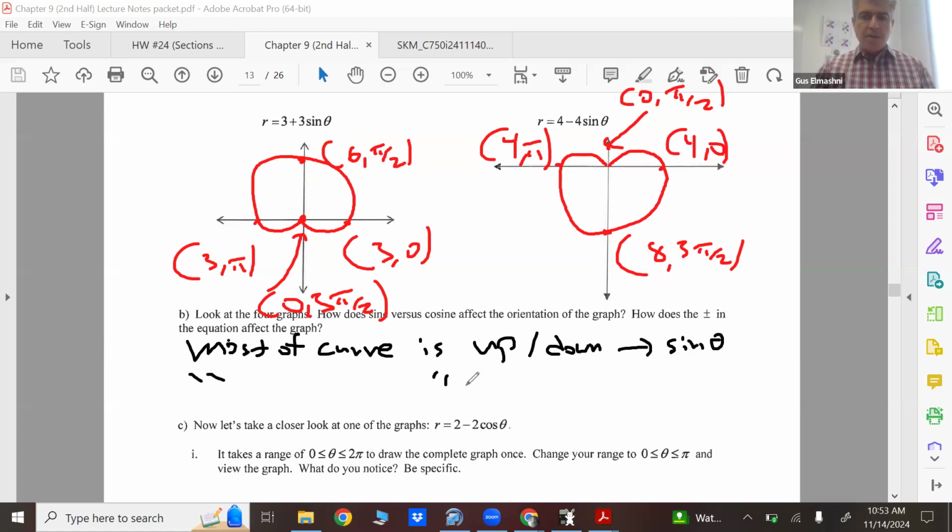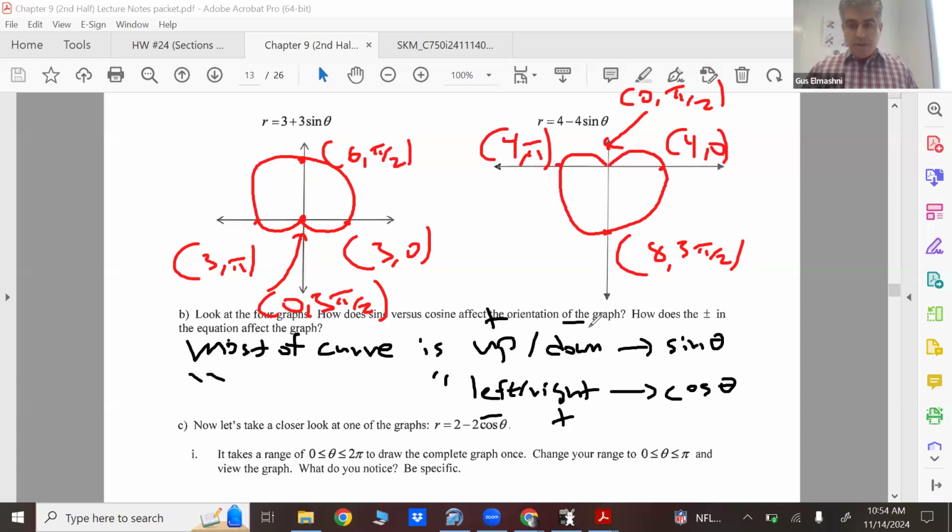Or if most of the curve is left or right, that'll be cos theta. And of course, you have positive, negative. Okay, so that's a generalization there. Let's analyze one of these, and then we'll be done for today.